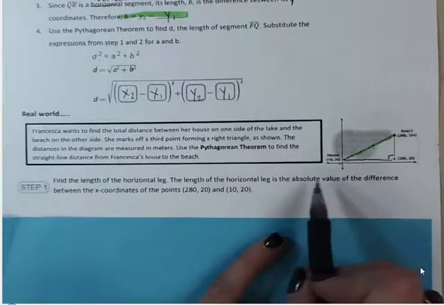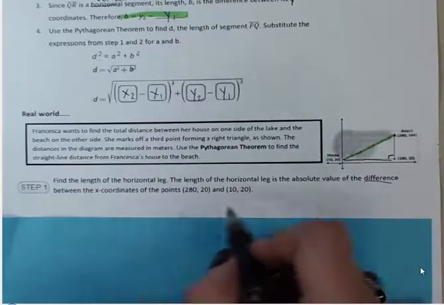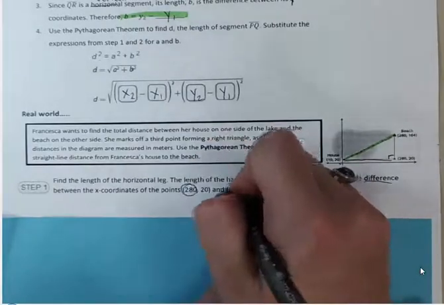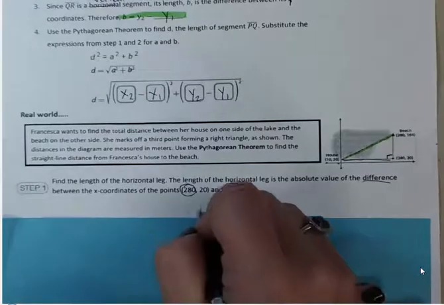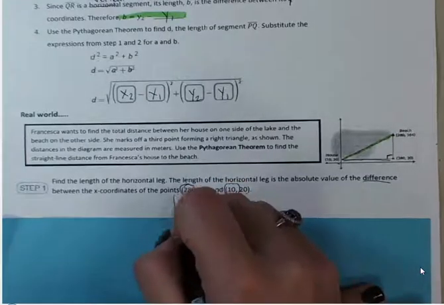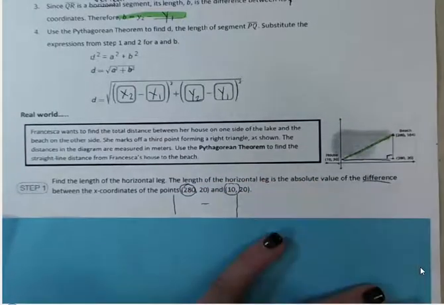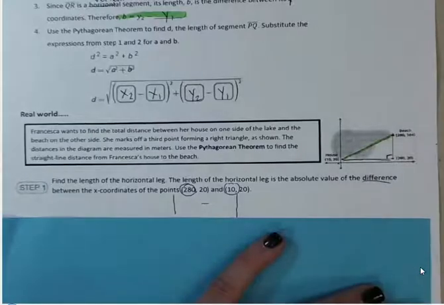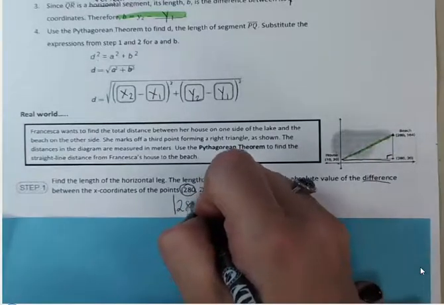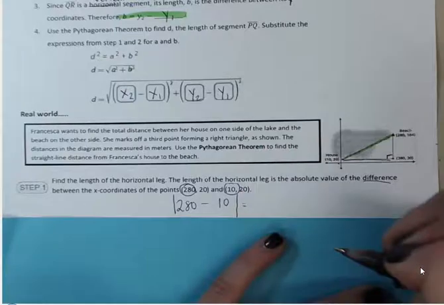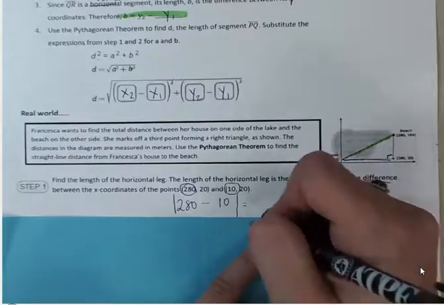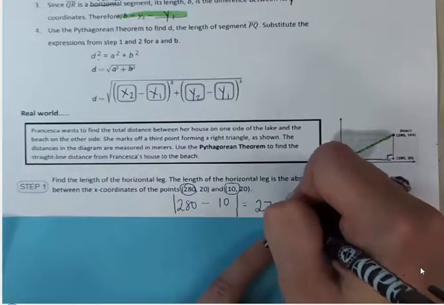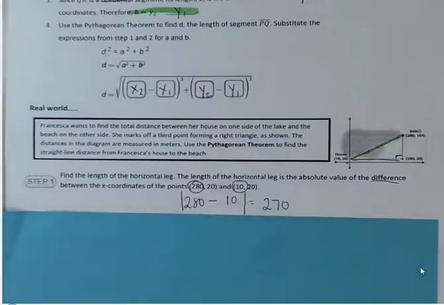So it says find the difference between the x-coordinates. I'm going to circle my x-coordinates. Okay, now I'm finding the difference. Absolute value is represented with those bars. Okay, so if I do 280 minus 10, that is 270. Okay, so the horizontal distance is 270 meters.